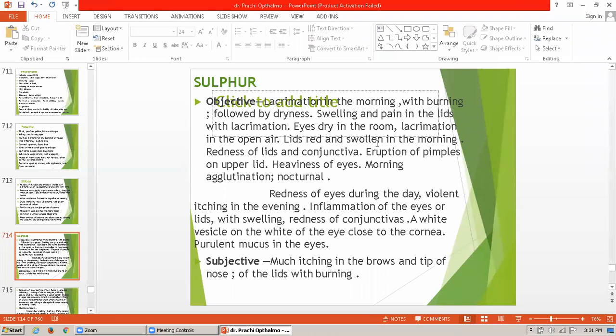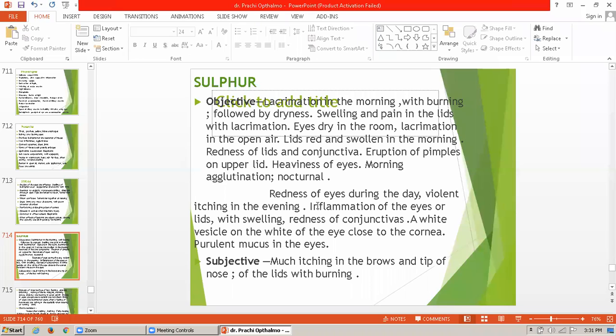Lids are red and swollen in the morning. Redness of the lid and conjunctiva. Eruptions of pimples on the upper lid. There is heaviness of the eyes and morning agitation with the nocturnal.